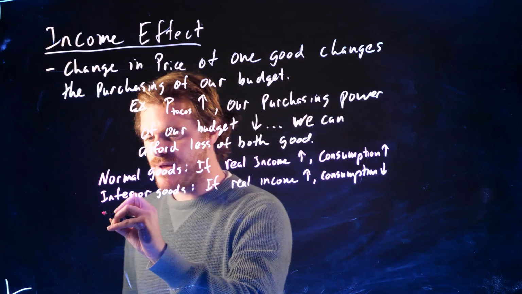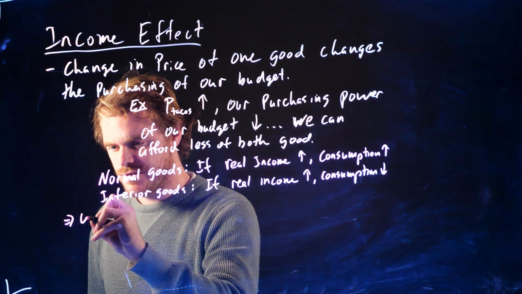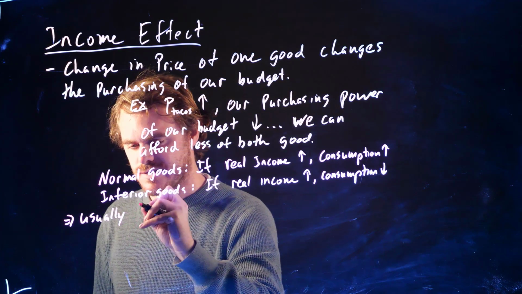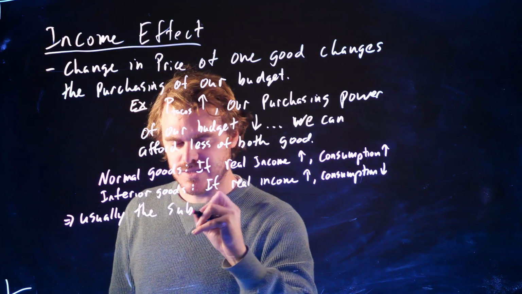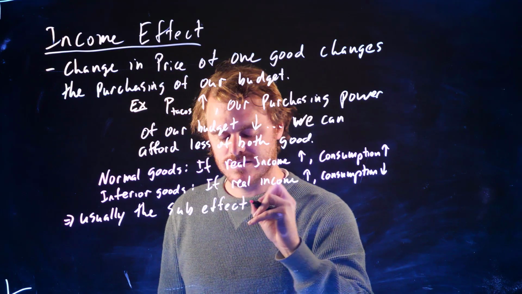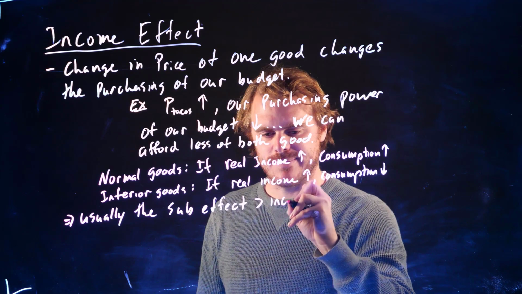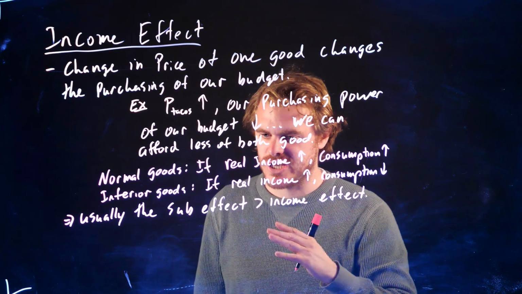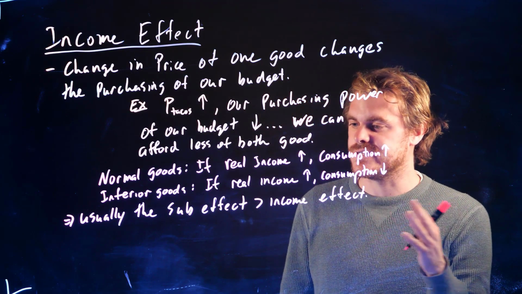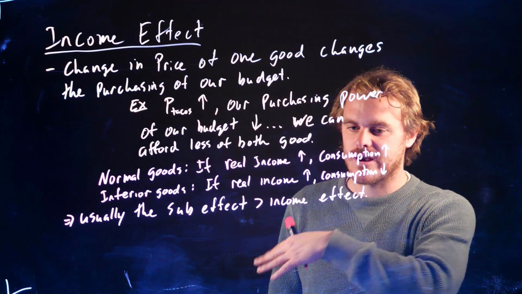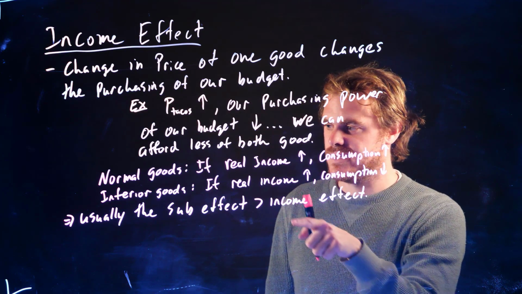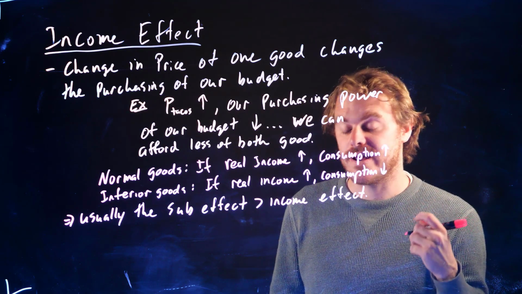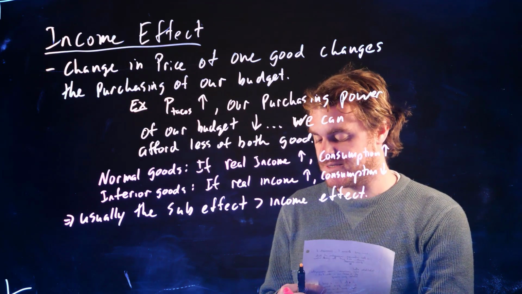And now we can talk about, so usually the substitution effect is greater than the income effect. So that first effect we talked about, this change in relative prices which changes our consumption, the effect of that is greater than the effect of this. But sometimes it's not. And when it's not, there's a special case.